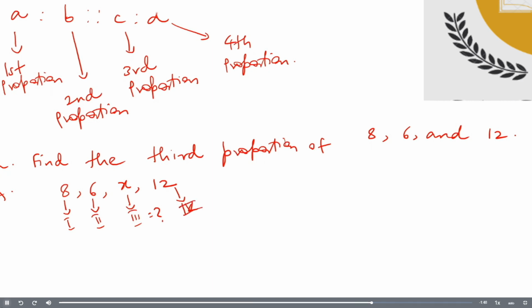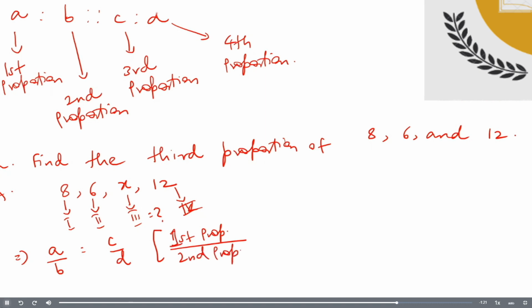So this is the first part. Also, you know that A by B is equal to C by D as per the ratio and proportion rule. So here we know that the first proportion by second proportion is equal to third proportion by fourth proportion.